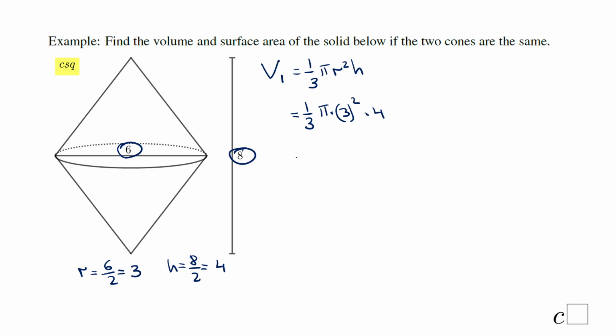So we have to do this multiplication here. 9 times 4 divided by 3, that is 36 divided by 3, 12. 12 pi here is the volume of one cone. But the volume of the composite shape is twice this volume because we have two cones. So we have 2 times 12 pi, and we have 24 pi.